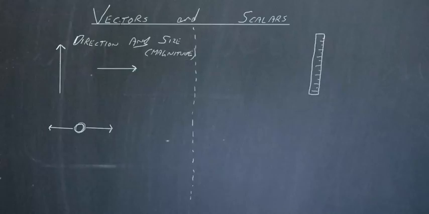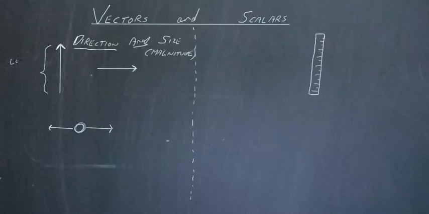Okay, so we can represent a vector with a simple arrow. Now, the arrow obviously shows the direction in which it's pointing, but it also shows the size in its length. So the length of the arrow is actually representing the size or the magnitude of that measurement.